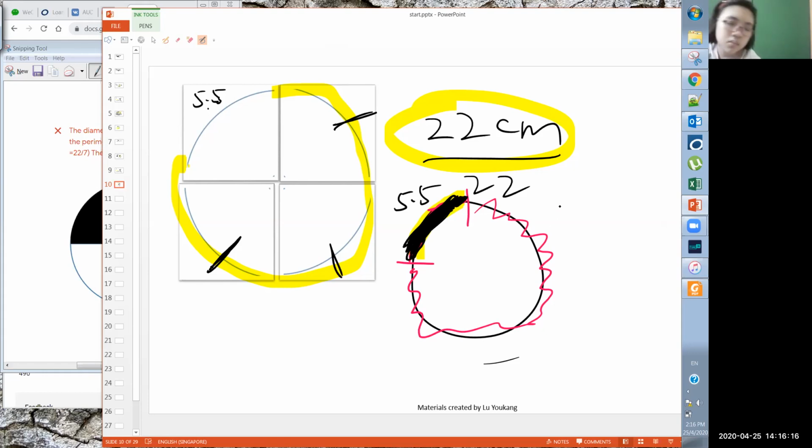So do you see or not? The black line plus the pink is the what? The black one here plus the pink one will give you what?